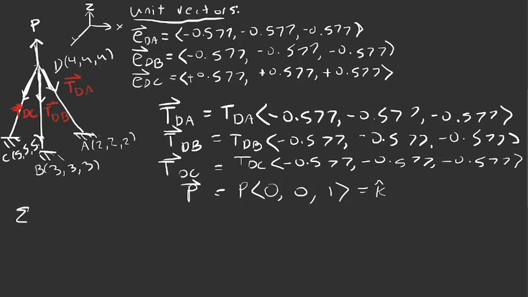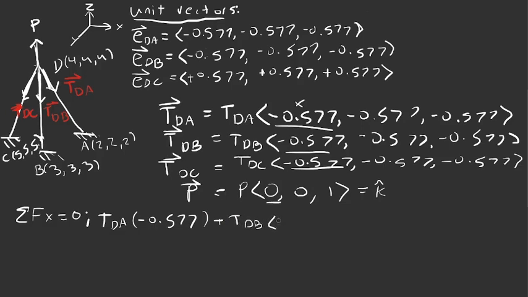So the sum of all the forces in the X direction is equal to 0, right? Well, how we can write that here is we can add all of the forces in the X direction that are listed across these and set them equal to 0. So the X component of this one is here, this one, this one, this one. And all we have to do is add these together. So we're going to say the magnitude times that X component plus this next one.